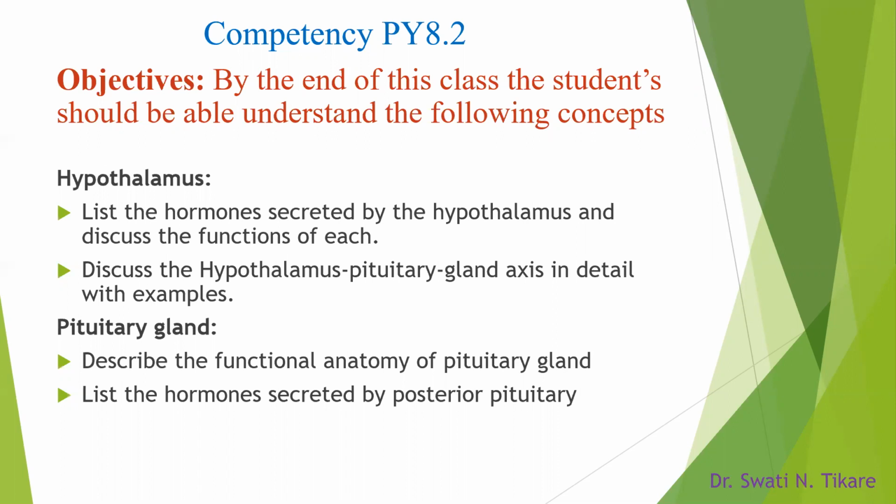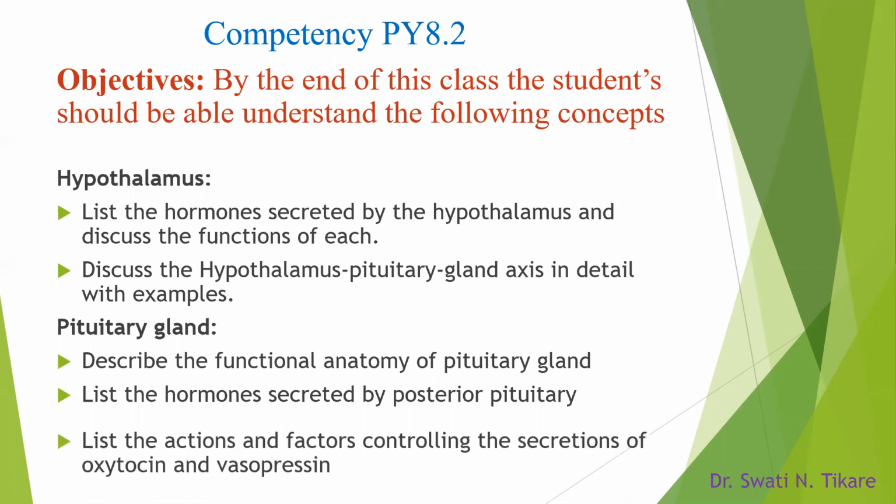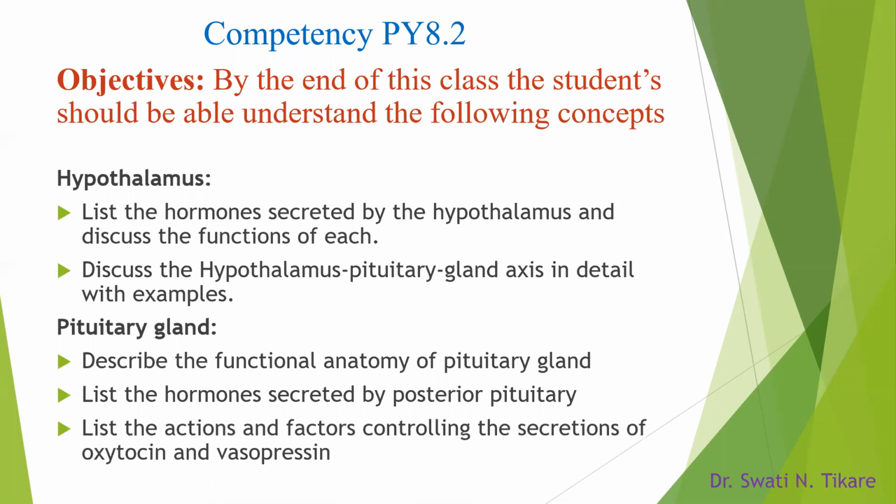We have also learned the actions of oxytocin and vasopressin in detail, the factors controlling the regulation of their secretion, and the applied aspects related to ADH, that is diabetes insipidus and SIADH, and oxytocin. So this completes today's objectives related to the hypothalamus and posterior pituitary gland.